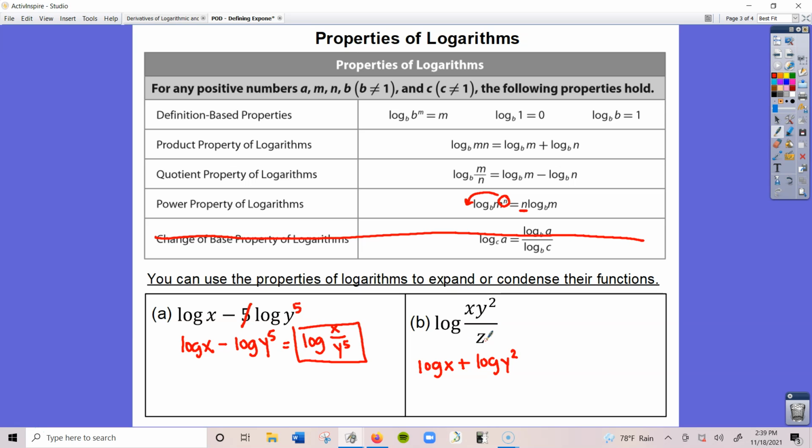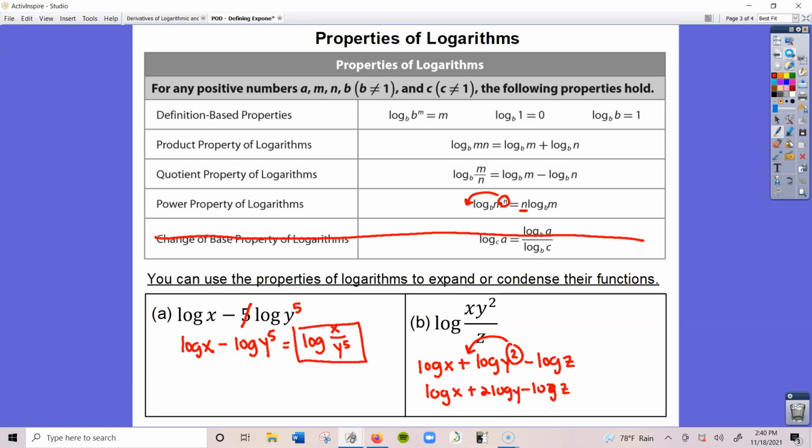And now the z is divided, so division is subtraction. So minus log z. Additionally, because I have this 2 as an exponent, I can take that 2 and move it to the front. So my final answer would be log x plus 2 log y minus log z.